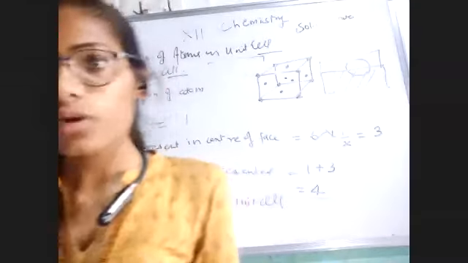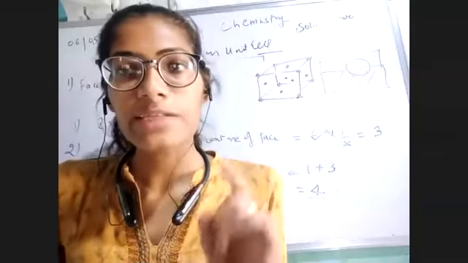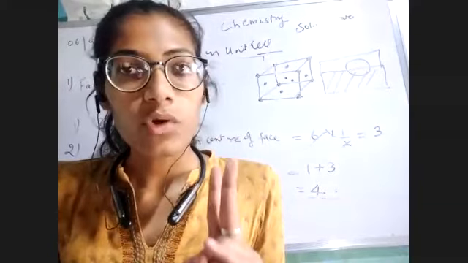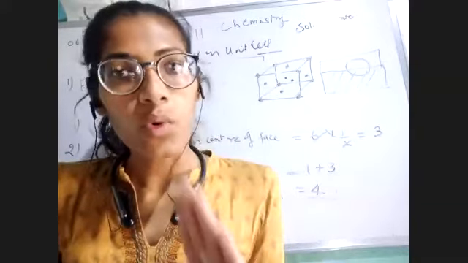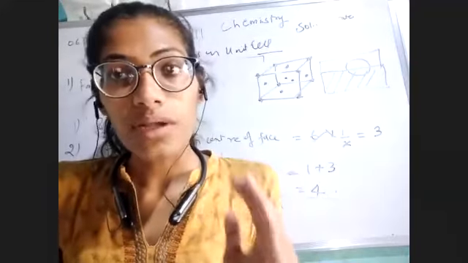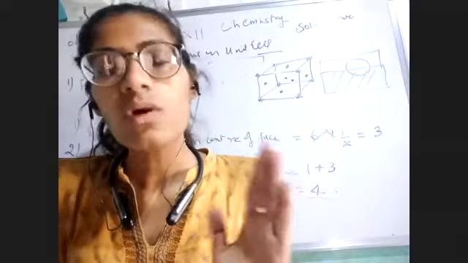So in short, what would we have? We have only 1 atom present in the simple unit cell. We have 2 atoms present in the body centered unit cell, and likewise, the total number of atoms present in the face centered unit cell is equal to 4.